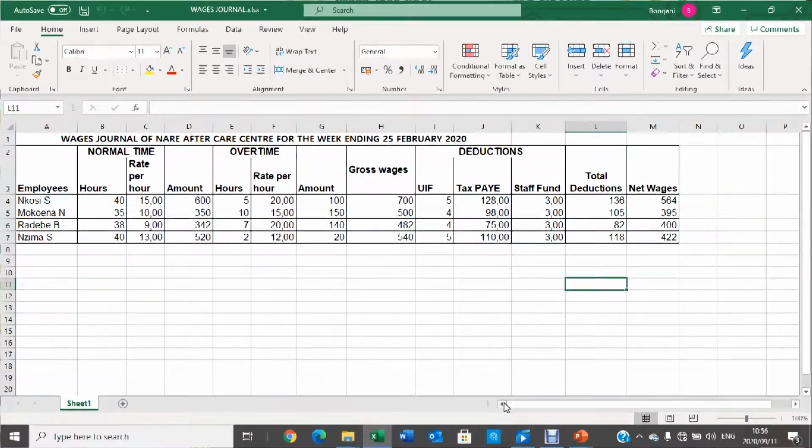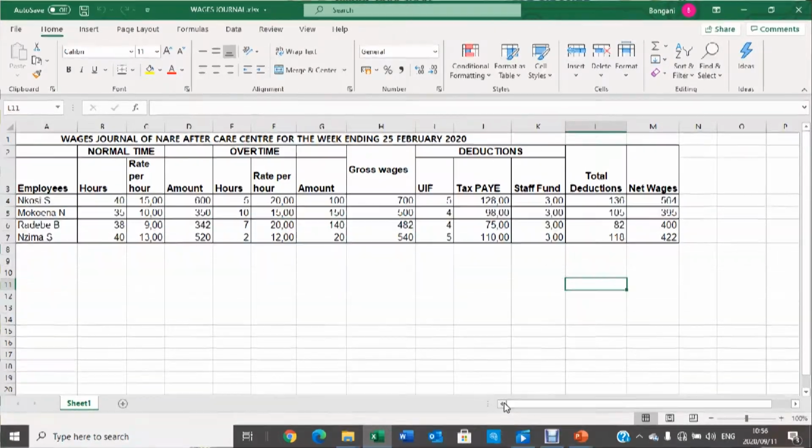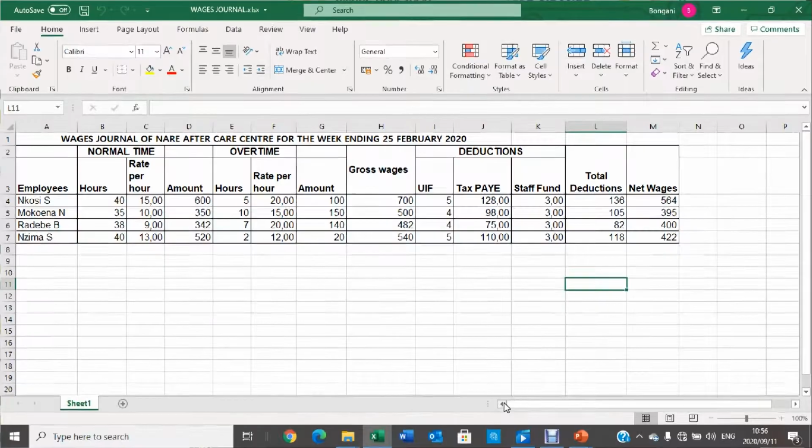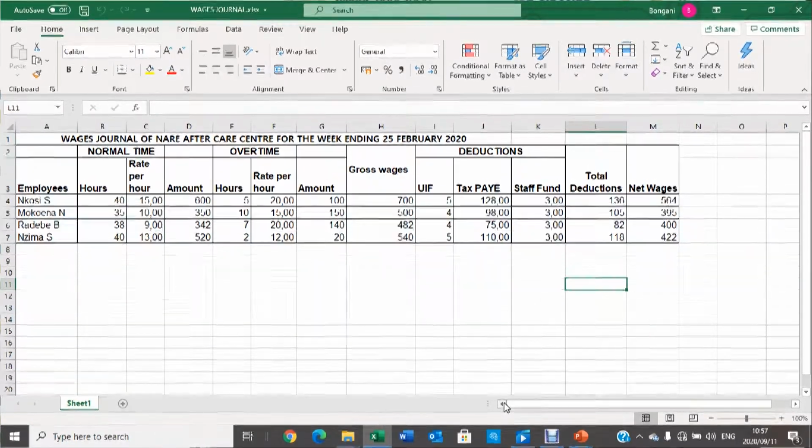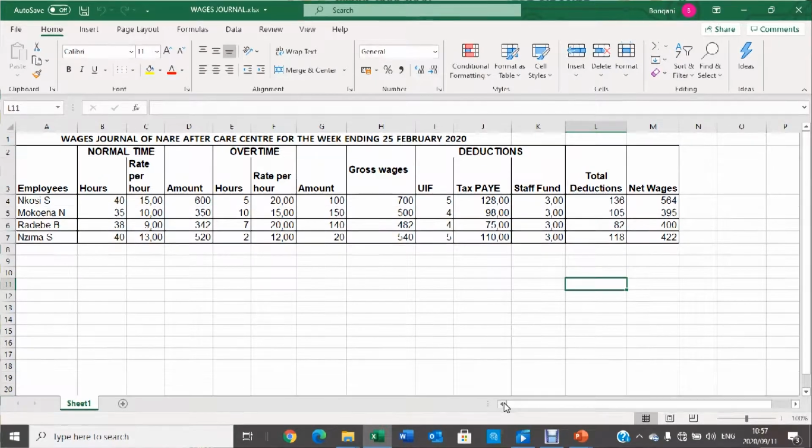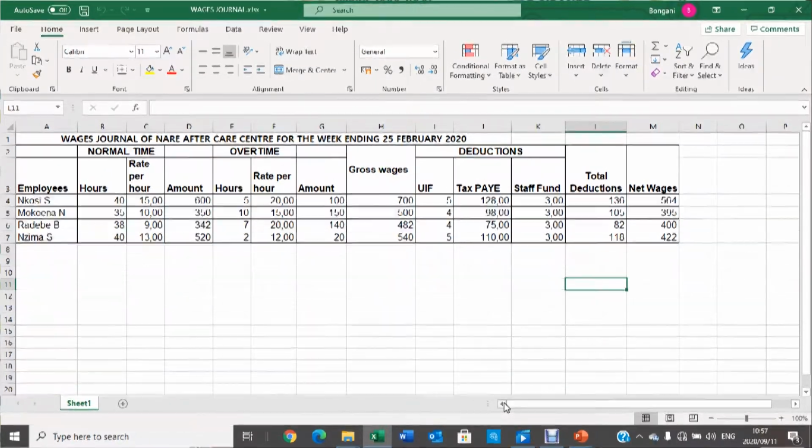At the end, the employee should get the net wages, which is the take home of the employee, and it will be 564.